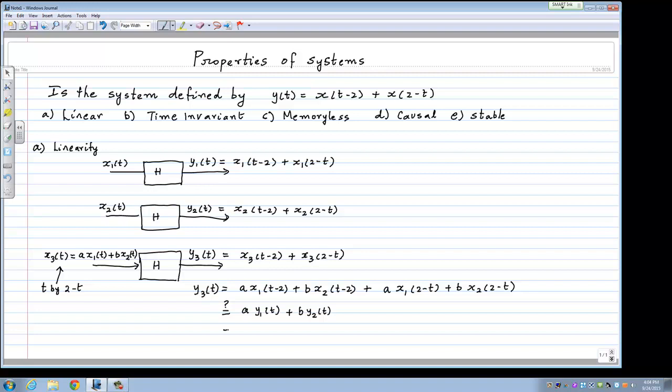And indeed, if we just write a times y1 of t, we're going to get a times x1 of t minus 2 plus a times x1 of 2 minus t plus b times y2 of t, which is b times x2 of t minus 2 plus b times x2 of 2 minus t.